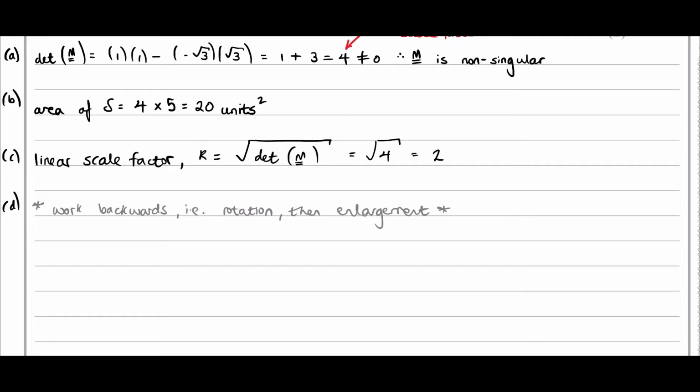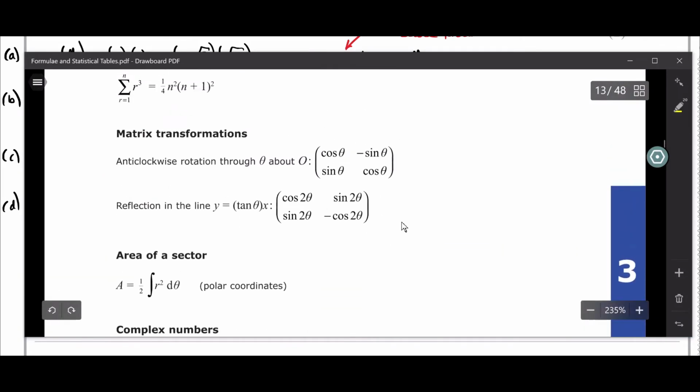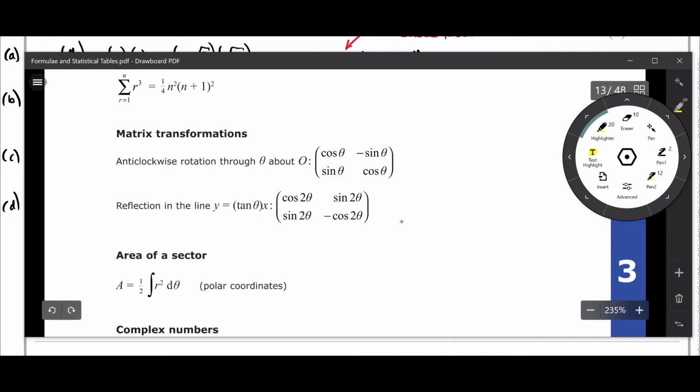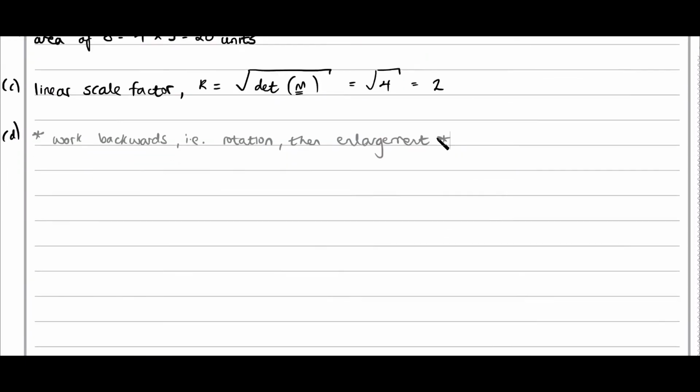So with that being said, if we have a look at the rotation, going back to our formula book, an anti-clockwise rotation through theta about the origin is given by this formula over here. So with that being said, this is our rotation matrix.